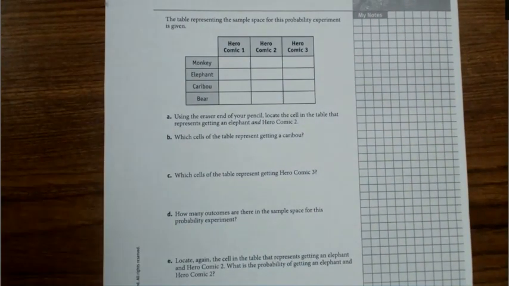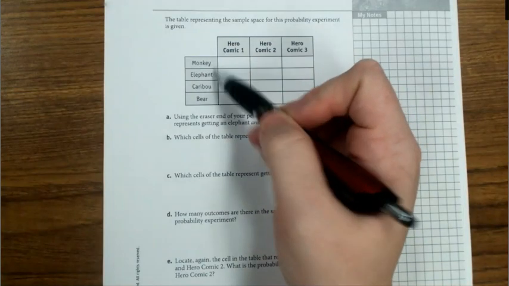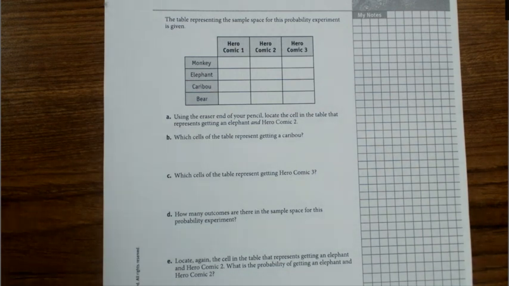It says the table representing the sample space for this probability experiment is given. Her options, from the Honeycrisp, are down the side, and his options, from the Corn Invaders, are across the top.